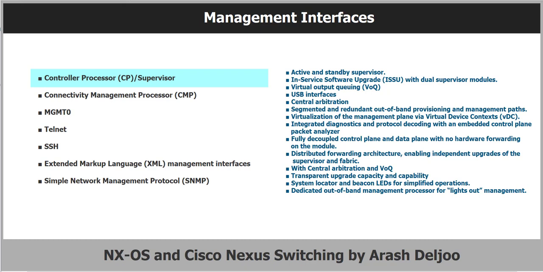The next management interface is Extended Markup Language, or XML management interface. You can use the XML based network configuration protocol like NETCONF, that enables management, monitoring, and communication over the interface with an XML management tool or program.